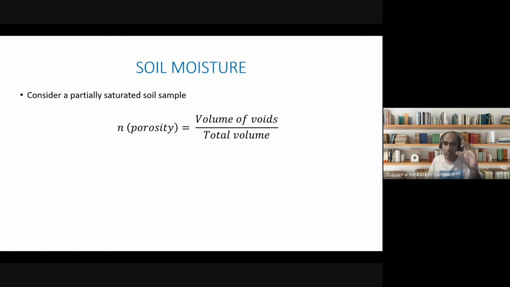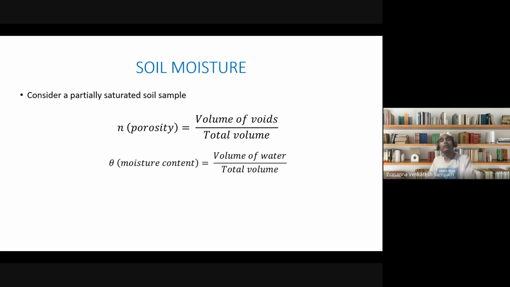So that's one parameter that I use to describe soil moisture. Then the other parameter that I use to refer to soil moisture is what is called the moisture content. For this I use the Greek letter theta. Theta is the moisture content, which is given as the volume of water divided by the total volume of the soil sample.